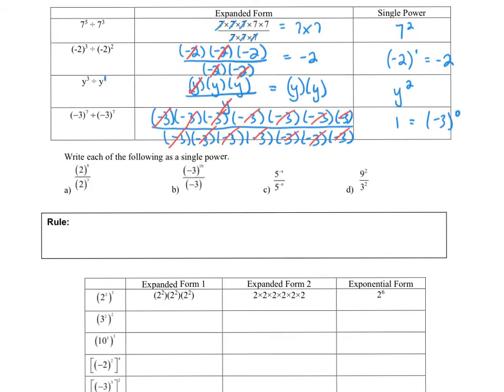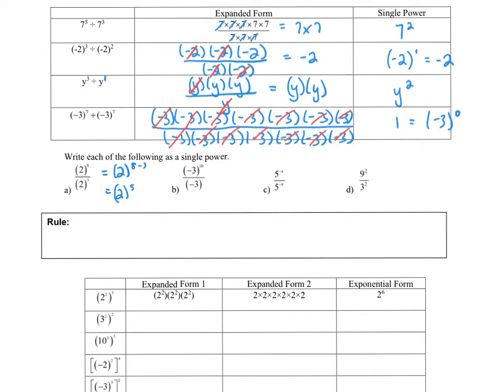So now let's apply the second rule that we've looked at for exponents. When we divide the same base, we subtract the exponents. So in this first example, we're going to have base 2, and we're going to take the top exponent and subtract the bottom exponent. So we get base 2 to the exponent 5.